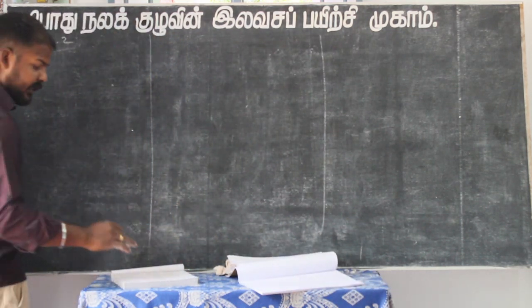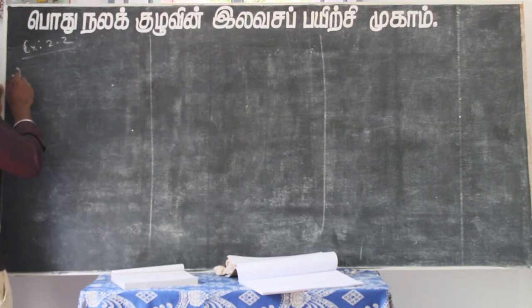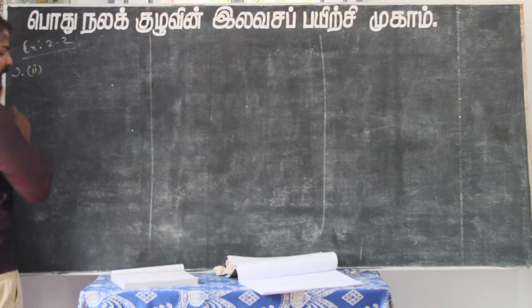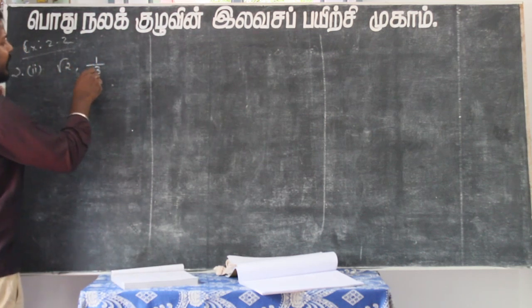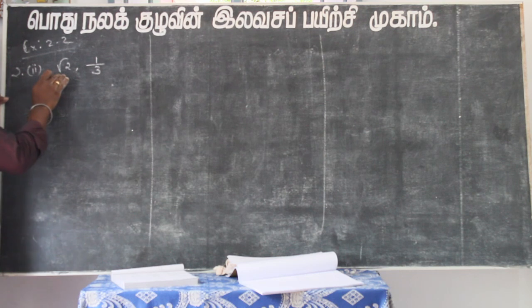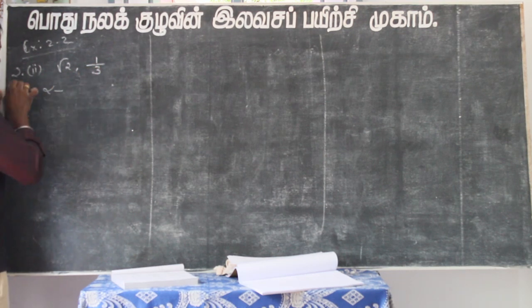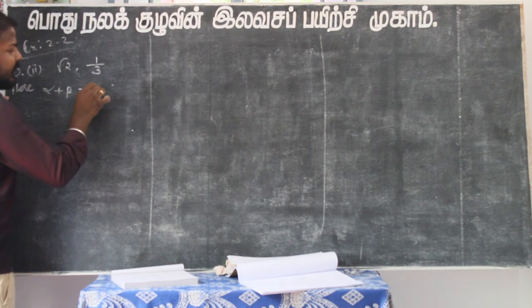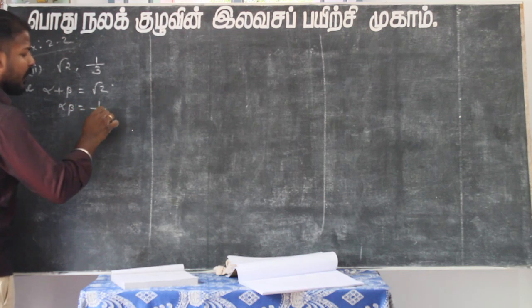Okay, so three problems we are going to solve here. First, I am going to solve the second problem. They gave root 2 and 1 by 3. The first one is the sum of the zeros, the second one is the product of the zeros. So here alpha plus beta is equal to root 2, alpha into beta is equal to 1 by 3.